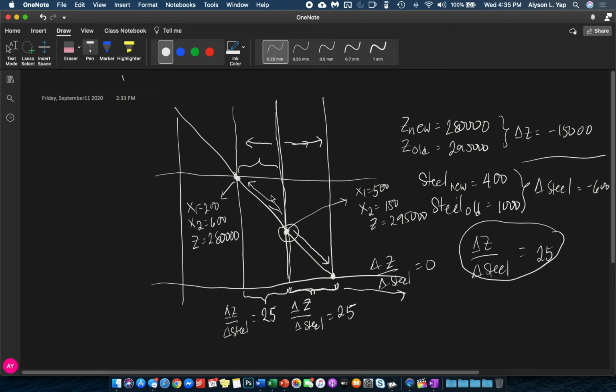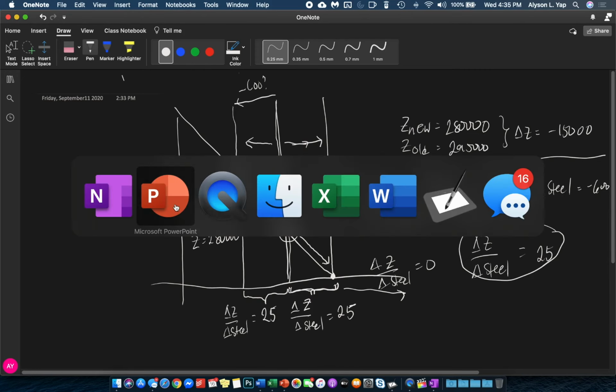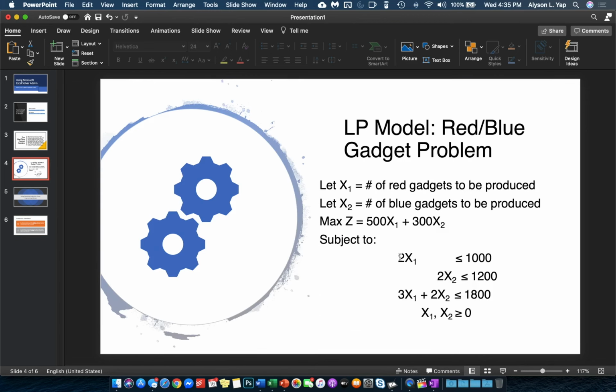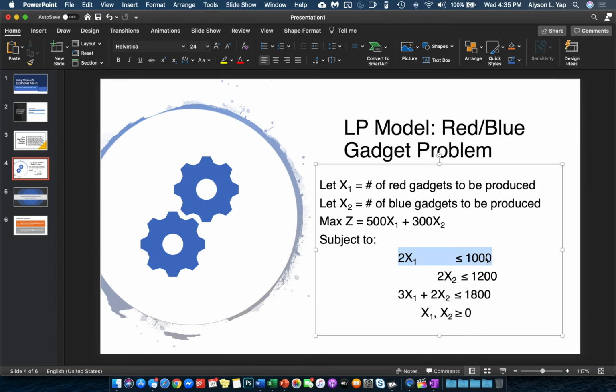And how do we know that the reduction in steel from this to this is a negative 600? How do we know? Because your x1 is equal to 200 and x2 equals 600, if you plug in x1 equals 200 in this linear programming model, in this constraint, so 2 times 200, this equates to 400.